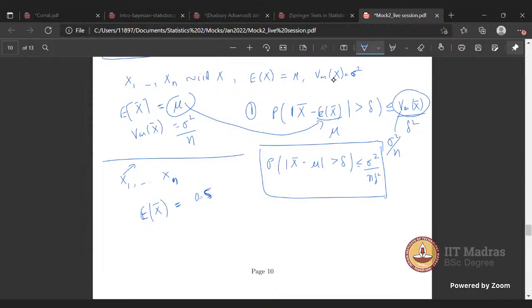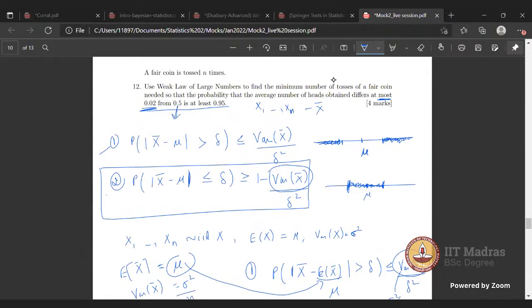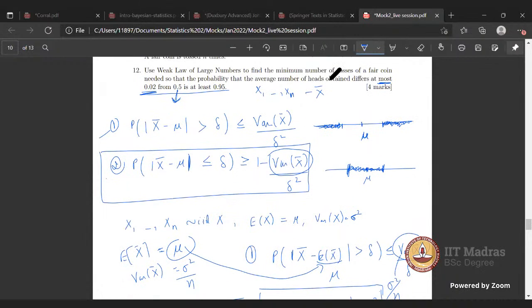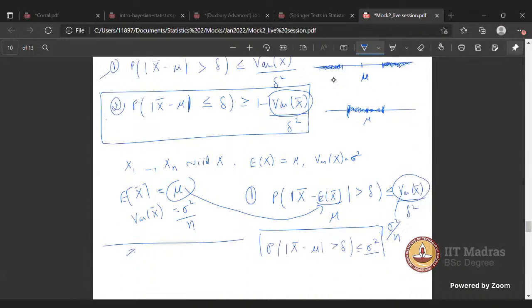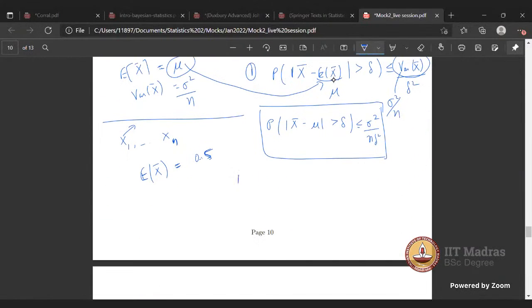That is already given in the problem. Delta is given to you, that is 0.02, and this bound is also given to you, that is 0.95. So we just have to substitute over here. We will write probability mod of x bar minus 0.5 greater than 0.02 less than or equal to, what is sigma square?